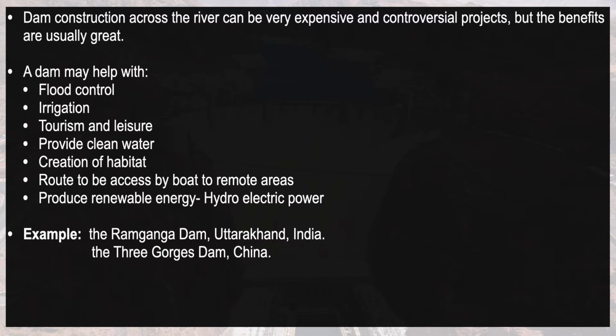As it spins the turbine, it produces kinetic energy, and then the electromagnet will change the kinetic energy into electricity. These are the importance or benefits of a dam. There are a few famous dams, such as the Ramganga Dam in India, and the most famous, the biggest dam in the world, the Three Gorges Dam.